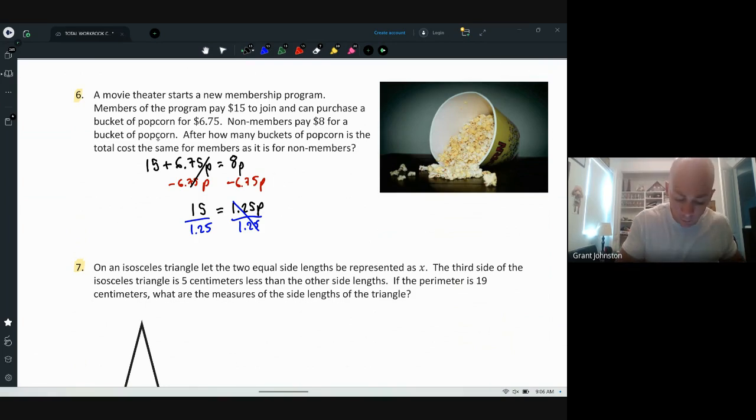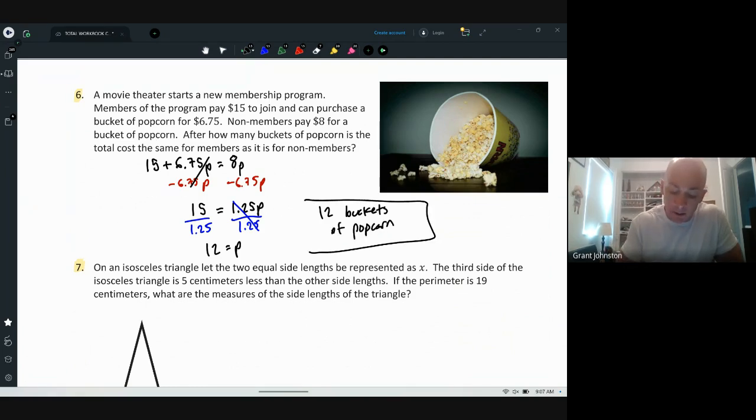I got 12. So remember, P, I was saying, is my buckets of popcorn. So I'm going to write 12 buckets of popcorn. So that's when they're going to be the same cost, the same total cost for members as non-members.